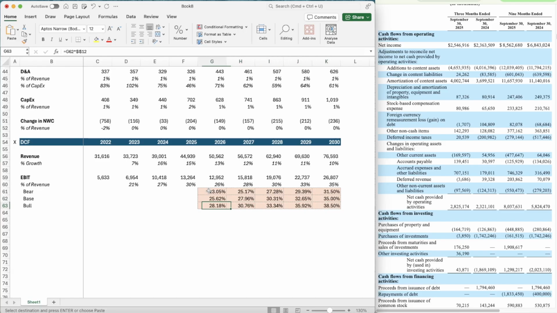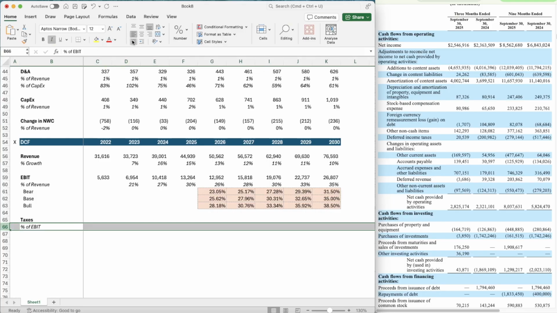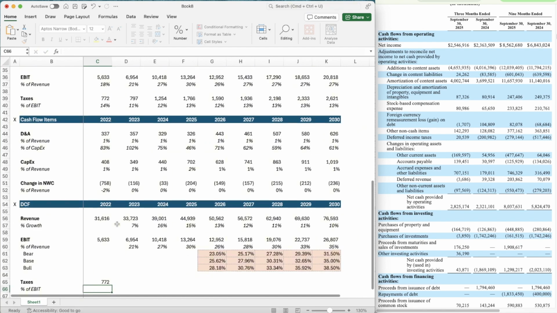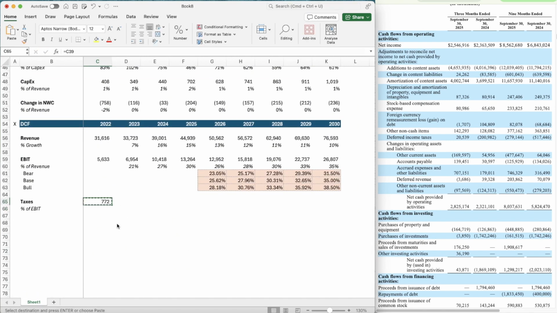Yeah, okay. Then obviously taxes. What goes is percentage of EBIT. Taxes equals, put it equal to this one. Do what we wrote before and just put it along to 2025.